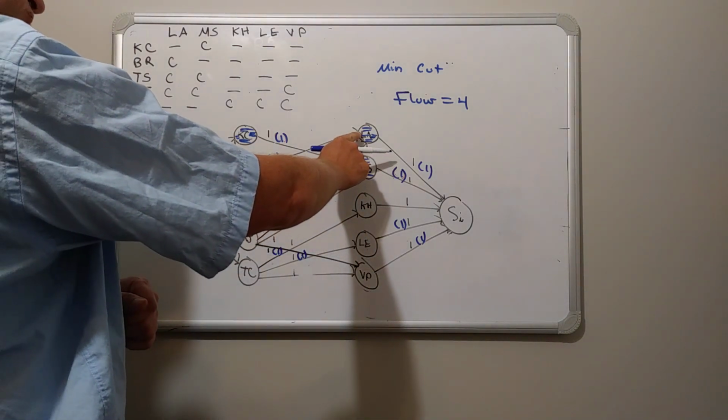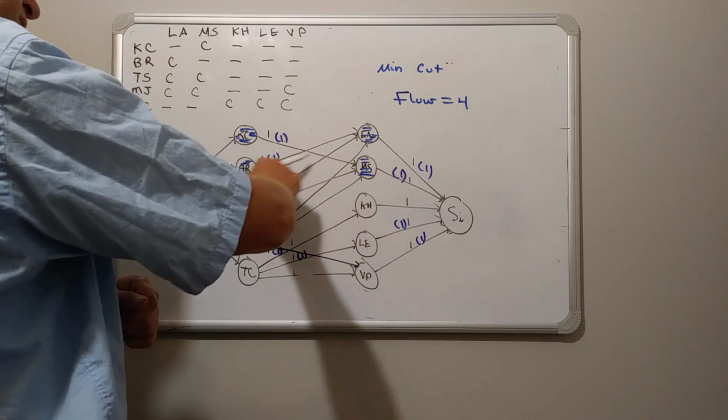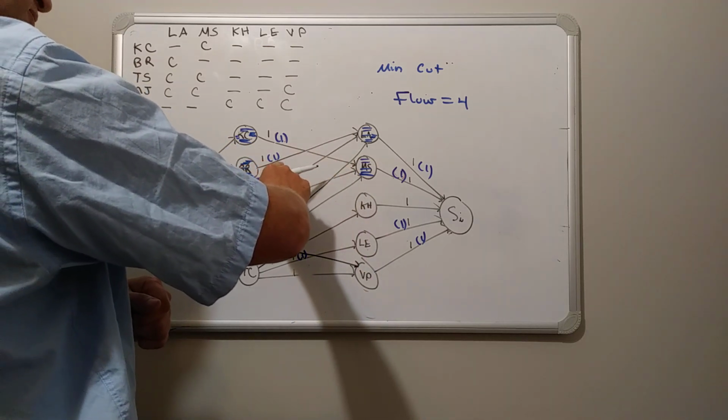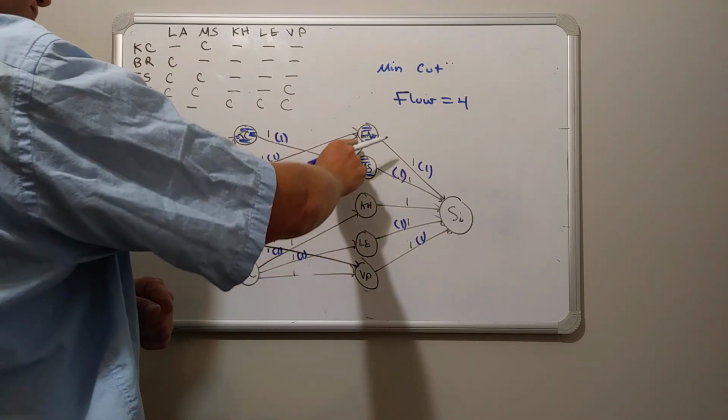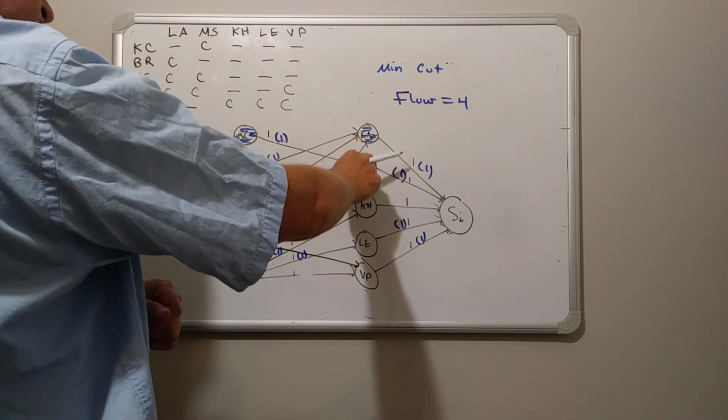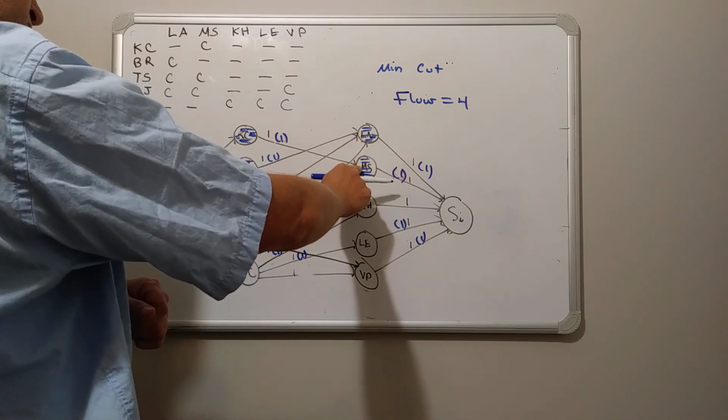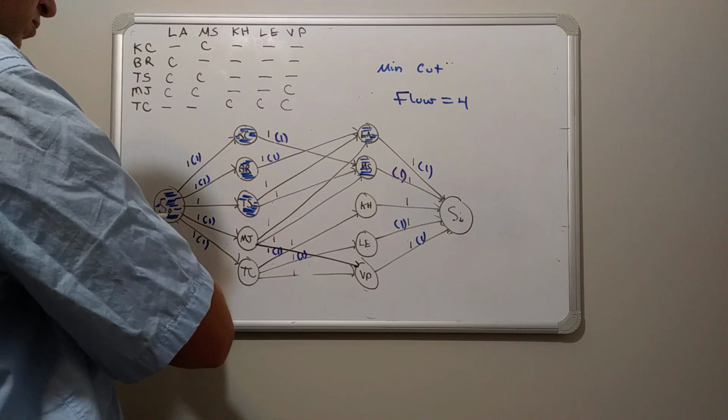Alright, so let's just double check that we got everything. From LA, we went back to BR. From MS, we went back to KC.